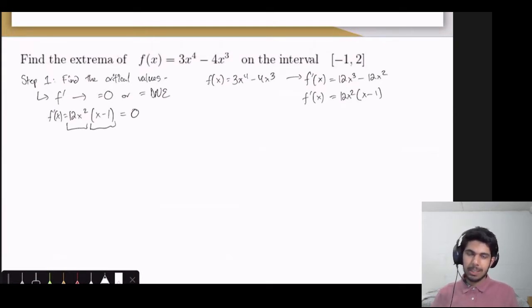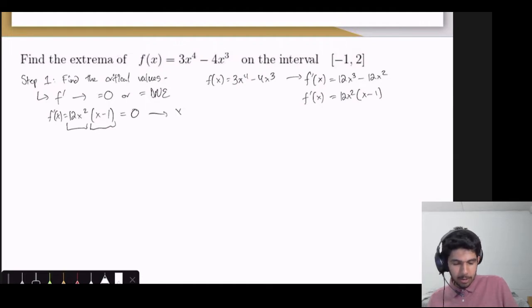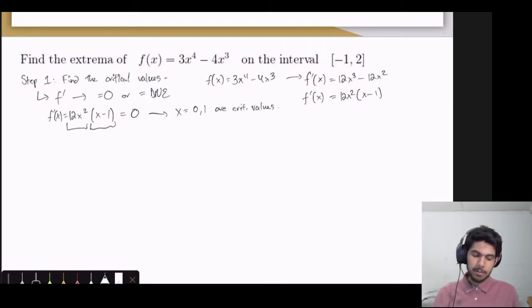These are just multiplying things that depend on x, and the only way for the product to equal 0 is if one of the terms is equal to 0. So this tells us that x equals 0, 1 are critical values. Because when you plug in f prime of 0, you'll get 0. And if you plug in f prime of 1, you'll also get 0.